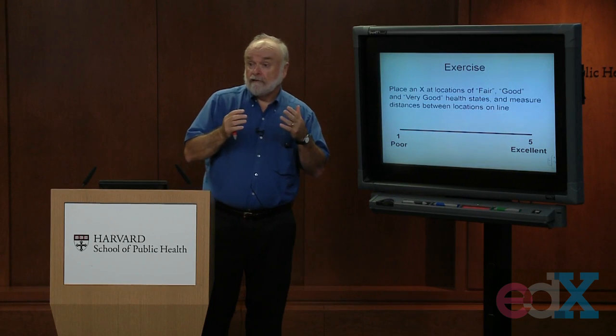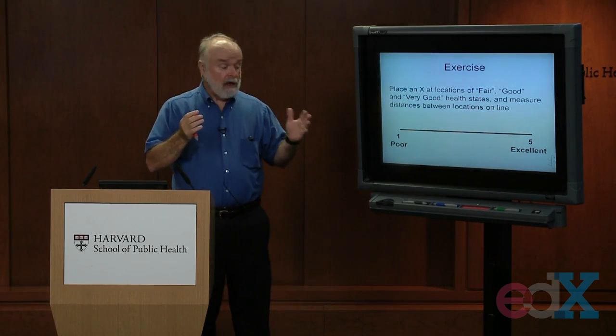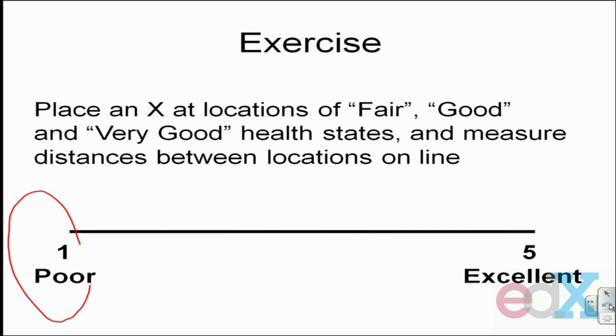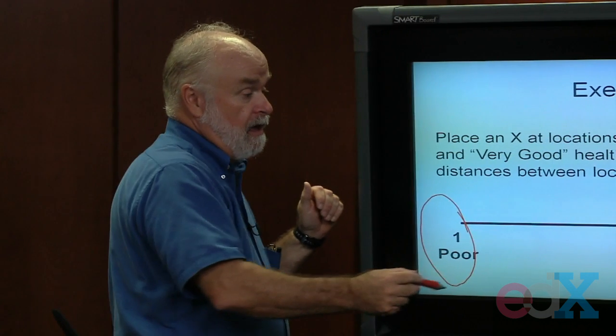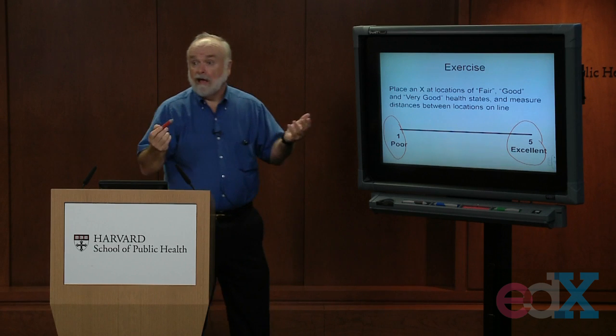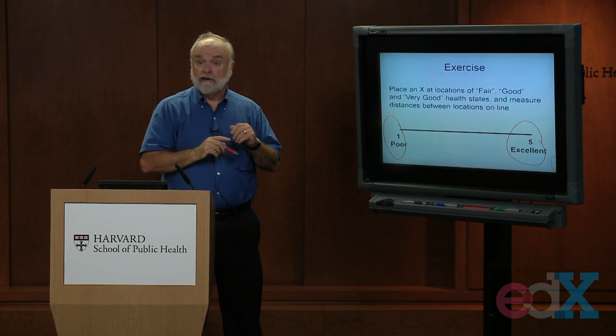So remember what I asked you to do was to draw a line, anchor one end of the line by the worst possible health state, which was poor health, labeled by a 1. The other end of the line, anchor it by the best possible health state, excellent health, represented by the number 5.